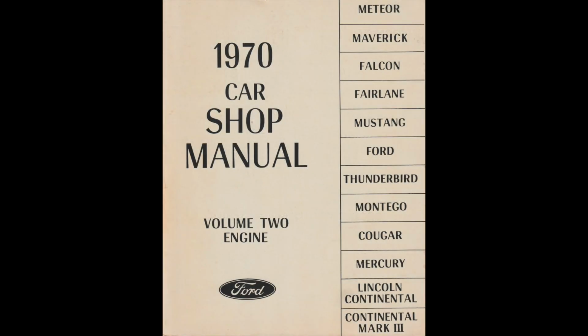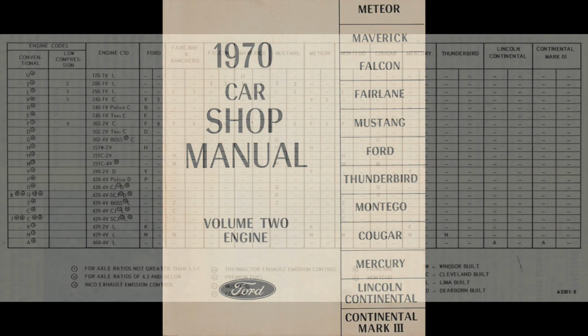The cover of the first printing from September 1969 of the 1970 Car Shop Manual Volume 2 Engine lists the 12 vehicle lines down the right-hand side and has this table of the vehicle lines versus engines on page 21-01-03.